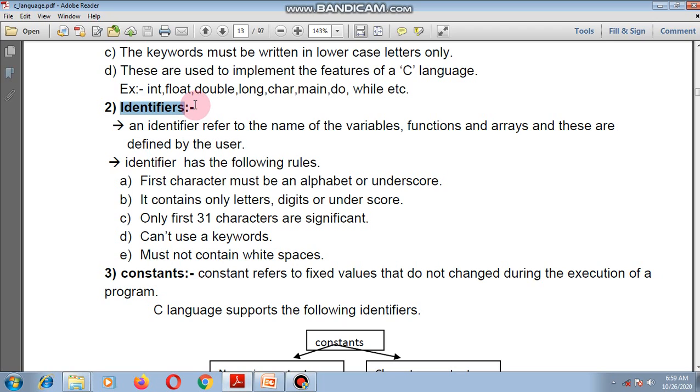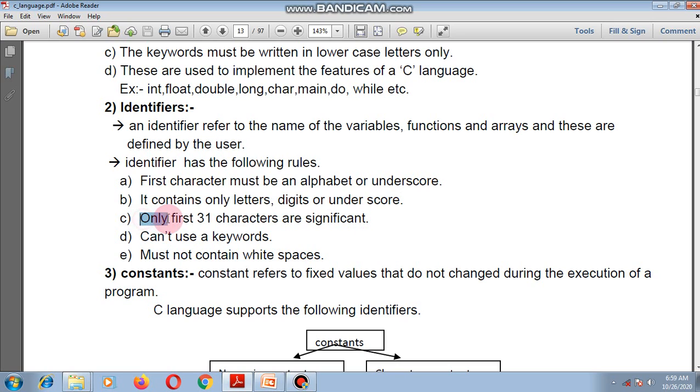Before using identifiers, we should keep in mind the rules of identifiers. The first character must be an alphabet or underscore. Second point, it contains only letters, digits, or underscore.